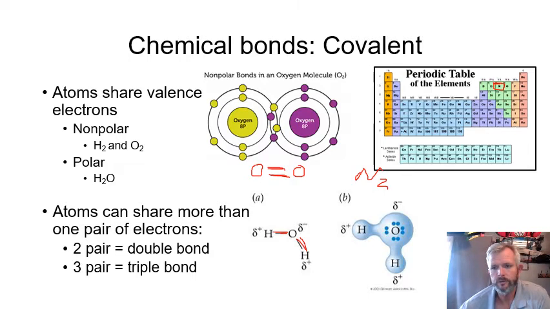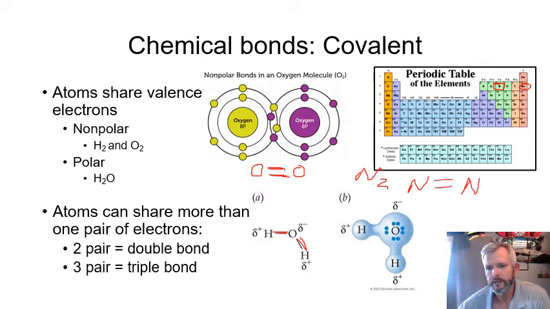So N2, how many electrons does nitrogen want? 1, 2, 3, and then electron-wise, it's like neon. So what do you think? How many electrons do you think these atoms of nitrogen share between each other? They each want 3, right?